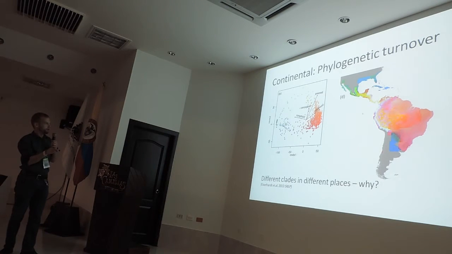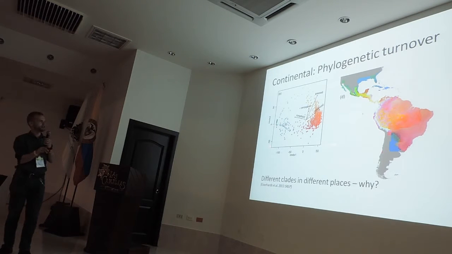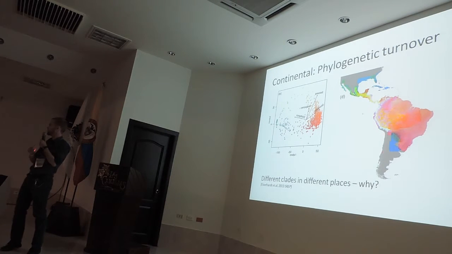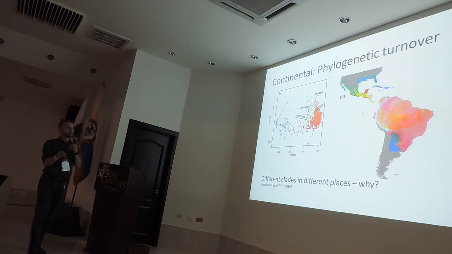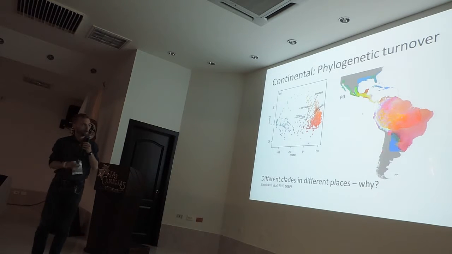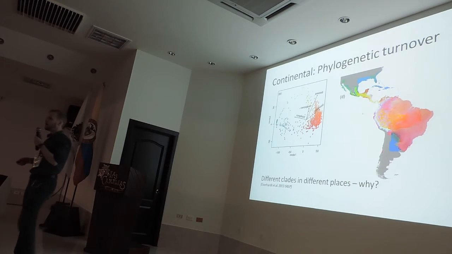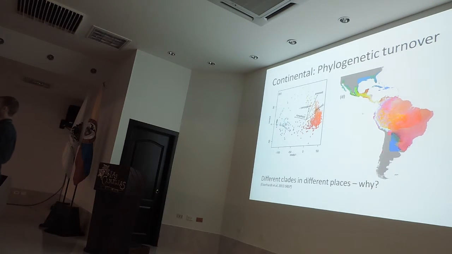For example, there's a coryphoid arrow going in that direction, which is something that you can see reflected in this map, which just shows the first axis of this ordination mapped out in space. And grid cells that have the same color or similar color harbor a phylogenetically similar palm flora.